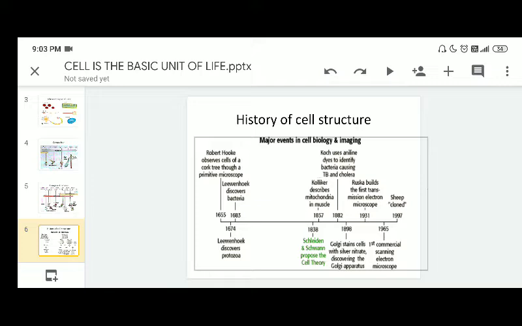Then in 1674, Leeuwenhoek discovered the protozoa, and he was able to see live cells for the first time. Similarly, other information is available. In 1838, Schleiden and Schwann proposed the cell theory. So you can collect the information from this slide.